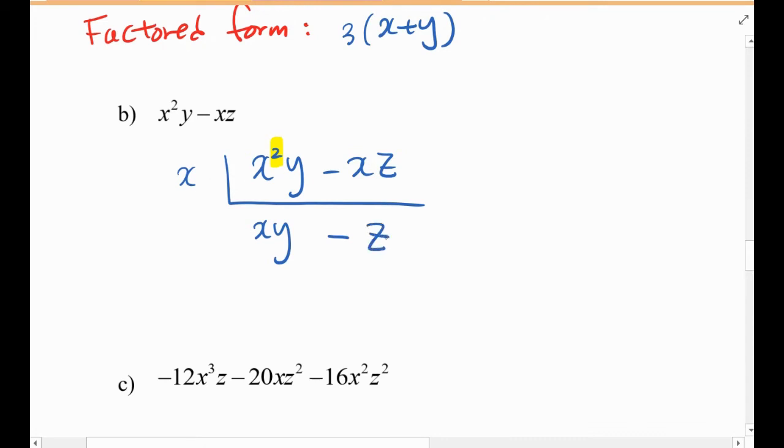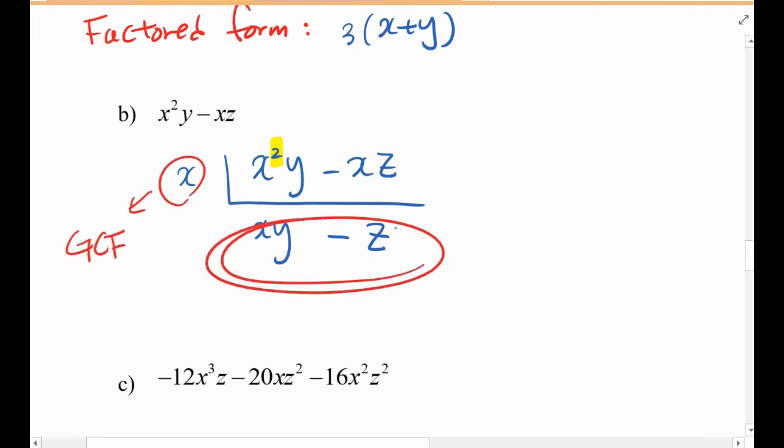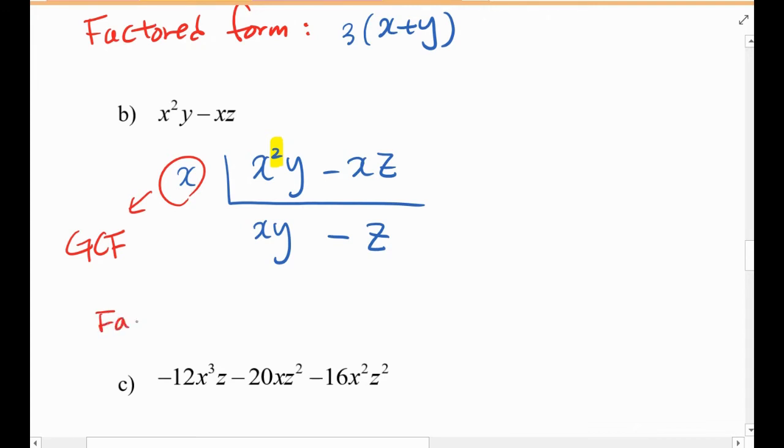X will be gone. So this is the GCF. So we cannot factor anymore. So x is GCF and factored form is, again, everyone, don't forget to put bracket around that. xy minus z.